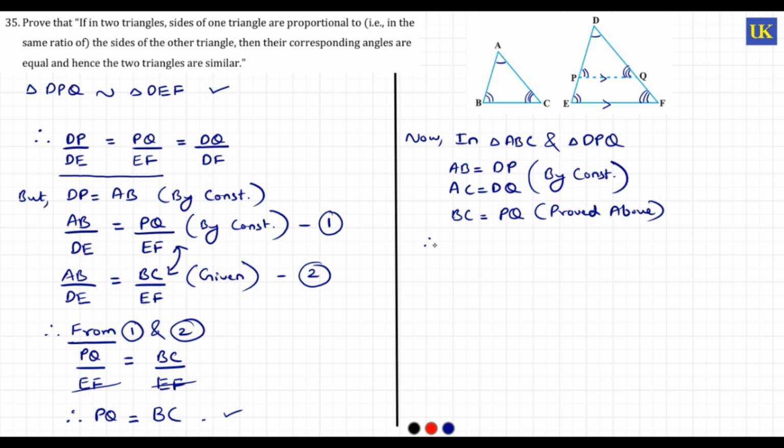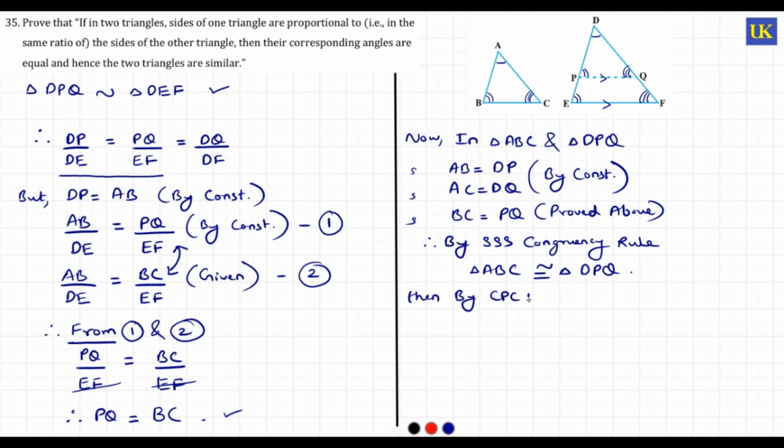So therefore, by SSS congruency rule or criteria, we can say that triangle ABC is congruent to triangle DPQ, because these are all the sides. So both these triangles are congruent.